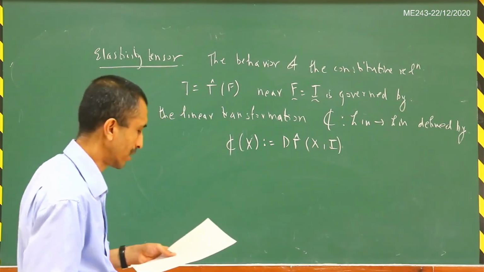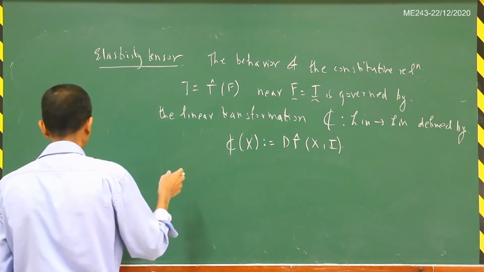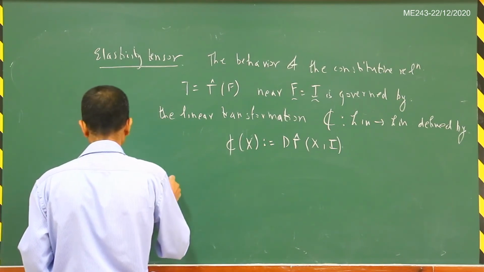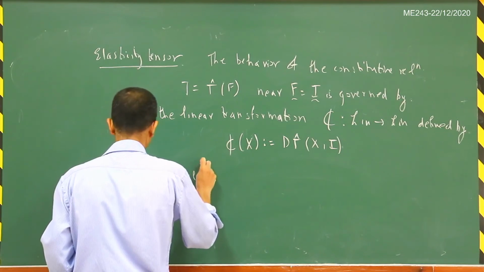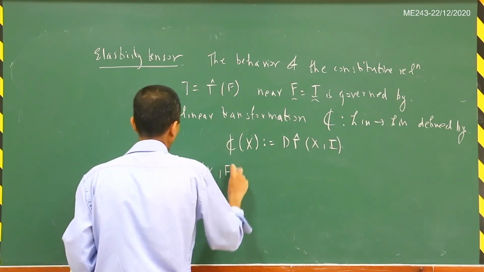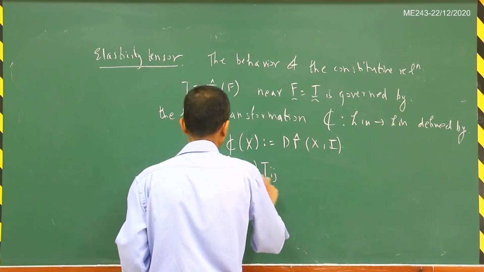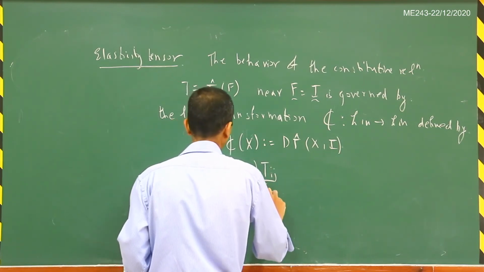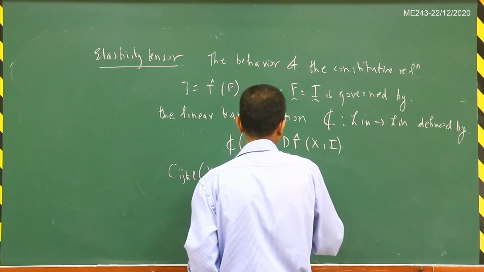So let me just give you the index notation form of this one. C_ijkl at (x, F) is equal to del T_ij by del F_kl, evaluated at (x, F).